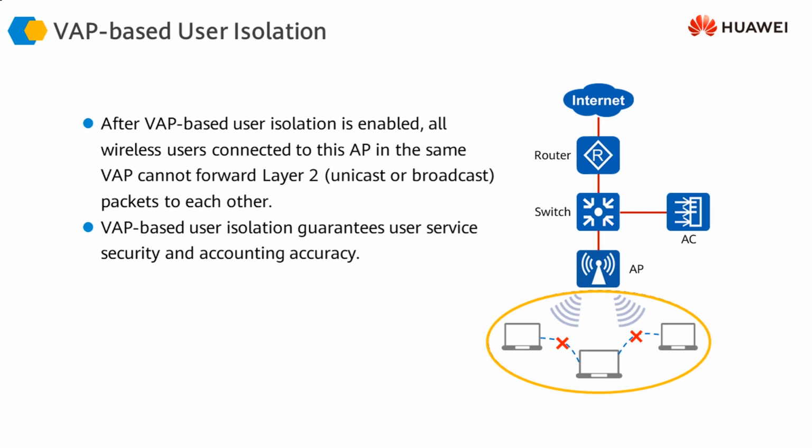So you see these stations are connected to this access point, but they should not be allowed to communicate directly with each other. So what CAPWAP does in this infrastructure is that these users should not be allowed to see or detect each other's frames. So what is created is a virtual access point.